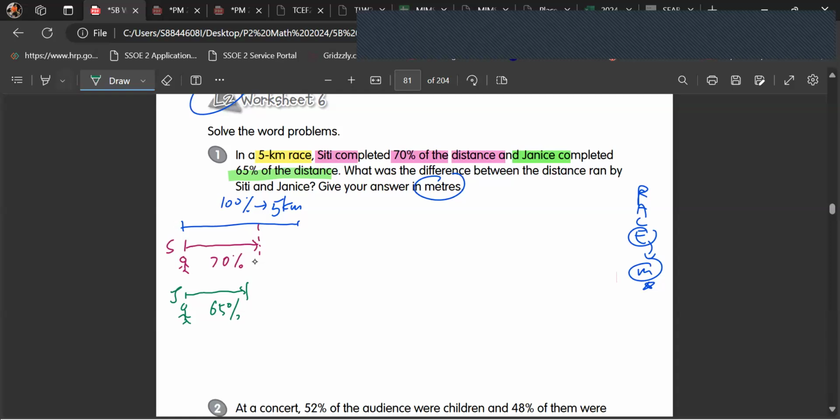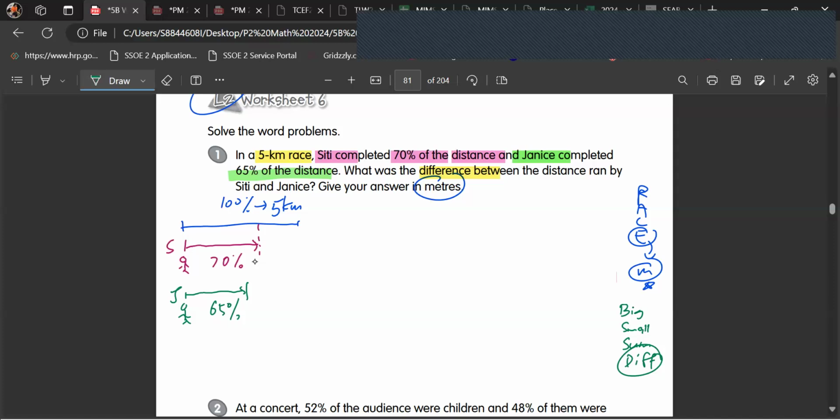That's challenging actually, because it's like, what's the difference between them? Remember, in whole numbers we have this idea about a bigger quantity, a smaller number, and then you have the sum and difference. Remember? So here it is asking for difference.